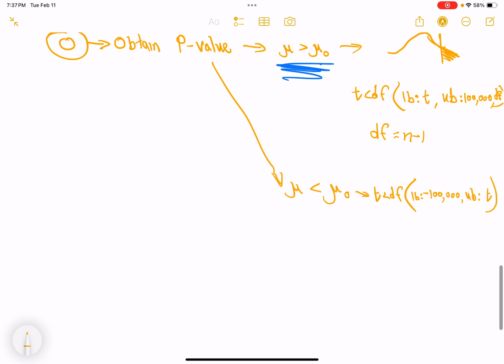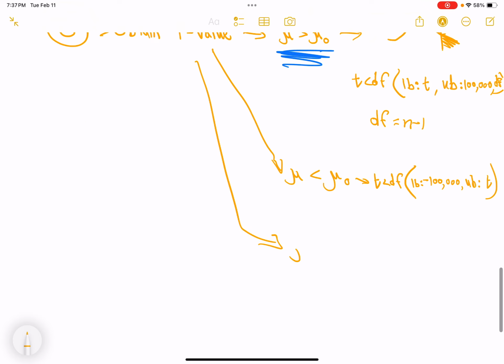If you end up in the last situation, where we're simply saying that the true mean is not equal to the null mean, then you will just run your t-CDF situation. I would do the upper bound one, but it's entirely up to you. It'll depend on the scenario. It actually doesn't really matter. You'll do one of them, and then you will multiply it by 2.